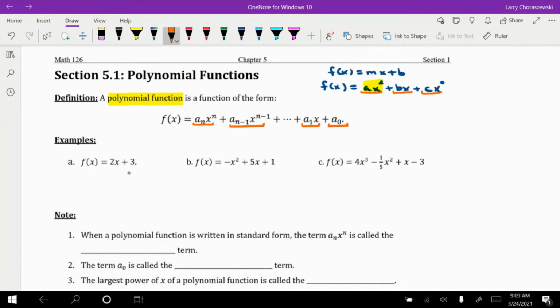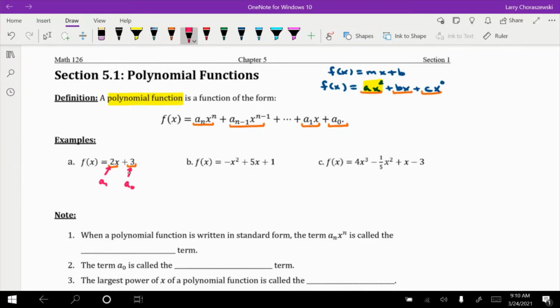For instance, in part A, we have f of x equals 2x plus 3. 2x is a monomial, and so is the number 3. In the context of the definition of a polynomial function, 3 would serve as our a sub 0, and 2 would serve as a sub 1. Any plain old number, such as 3, can be written as 3 times x to the power of 0.